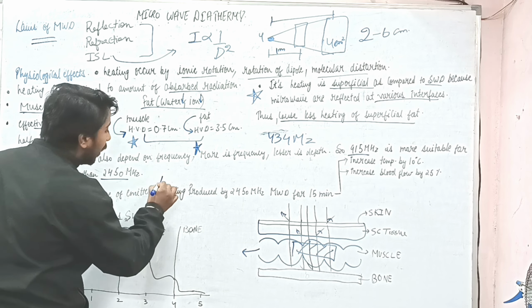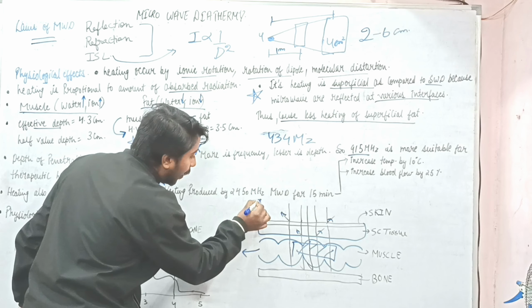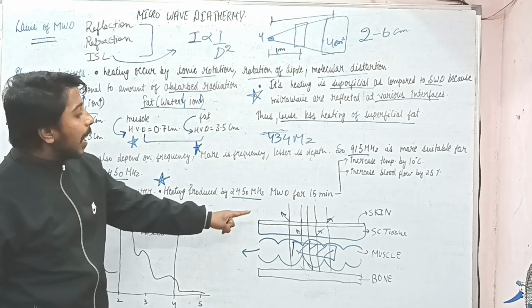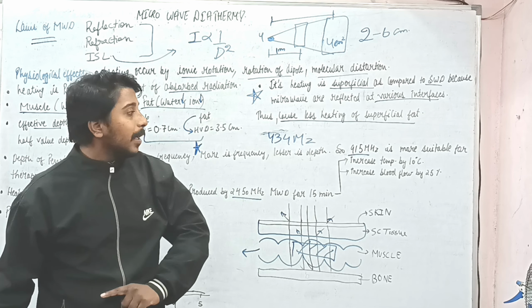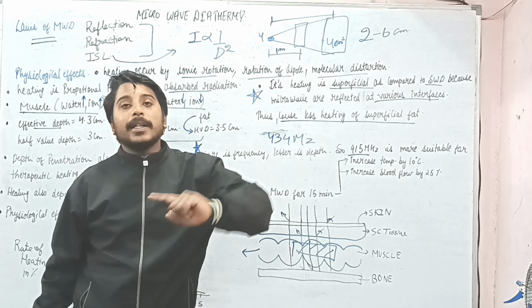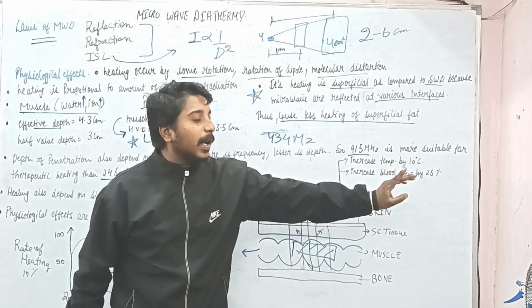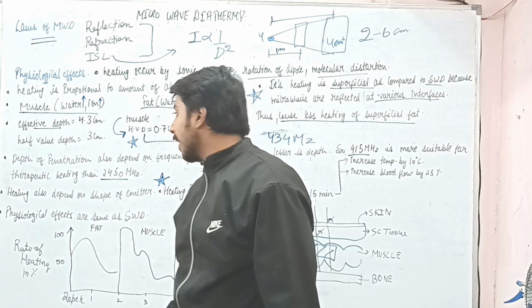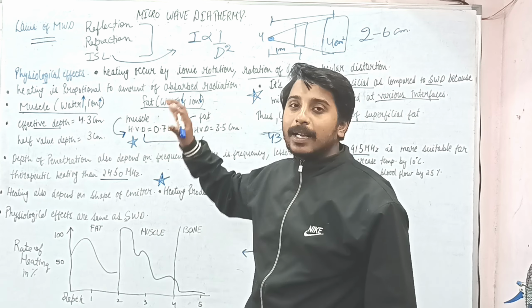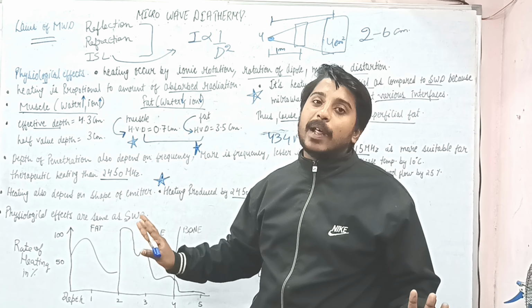Now, the heating produced by 2450 megahertz MWD for 15 minutes increases temperature by 10 degrees Celsius and increases blood flow by 25%, and the physiological effects are the rest same as shortwave diathermy.